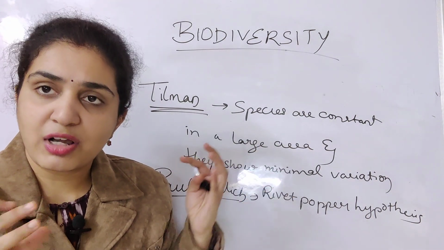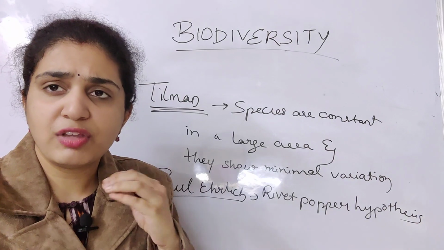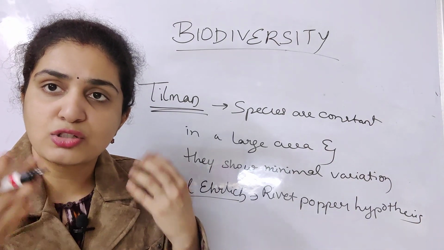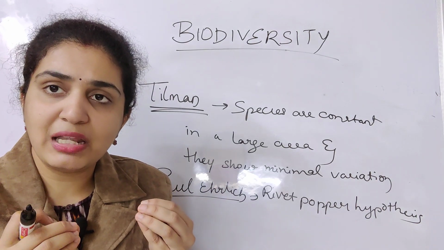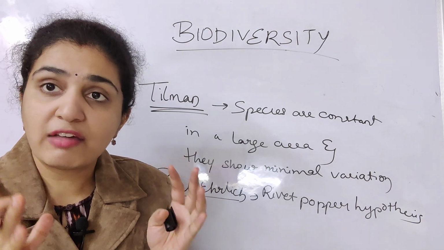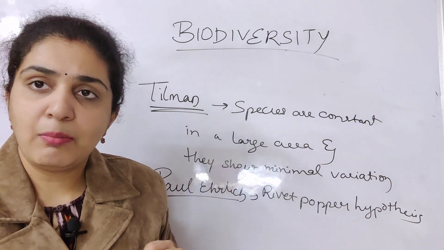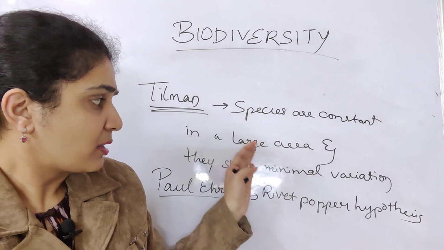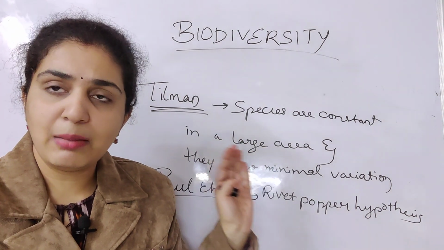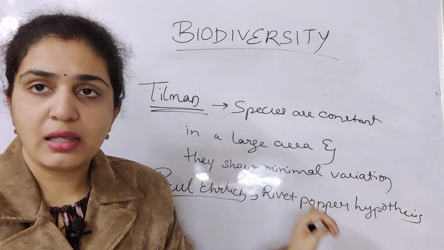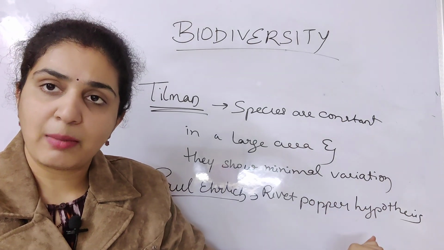For a stable community, even if there are minimal changes in man-made structures, it should not affect the species number. That is what it specifies. Tillman told that very minimal variations happen, and then Paul Ehrlich gave the term rivet popper hypothesis.